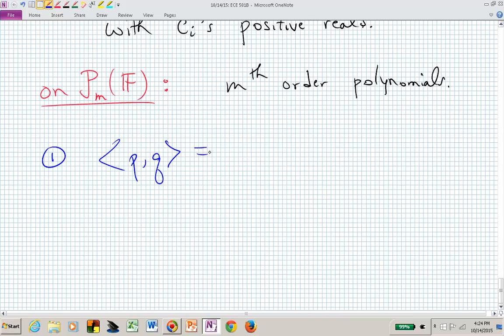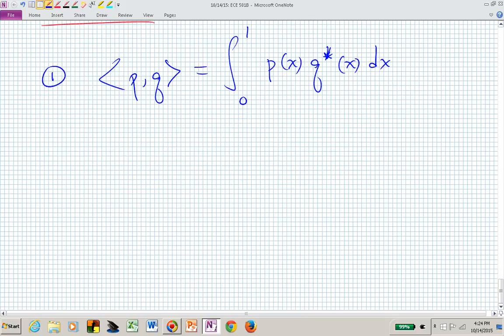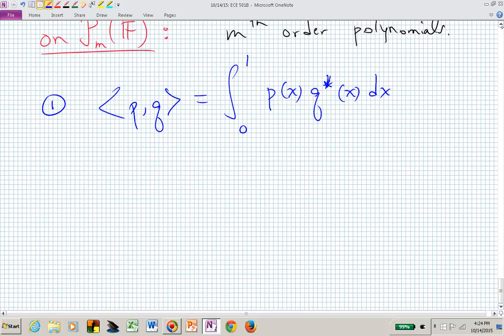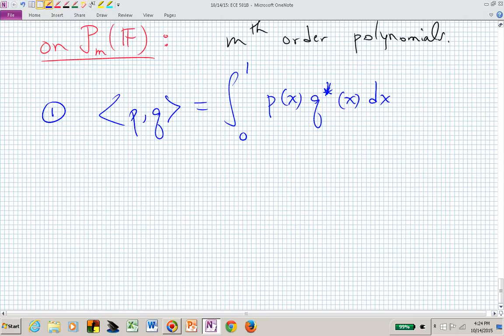One inner product could be a definite integral, an integral from 0 to 1 where we have p of x, an nth order polynomial as a function of x, times q, but now we need to conjugate q, dx. That's one possible inner product on the vector space of nth order polynomials.